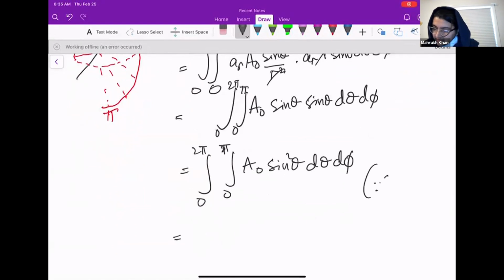We know that sine squared theta is equal to 1 minus cos 2 theta divided by 2. Okay, so I will replace this.